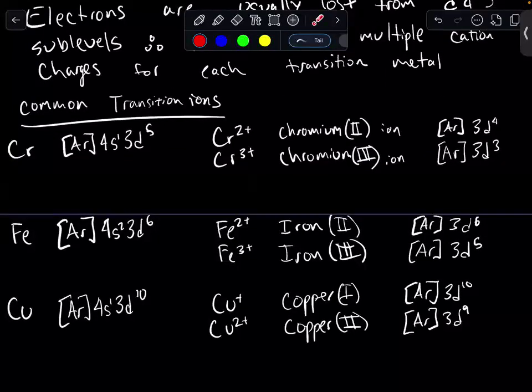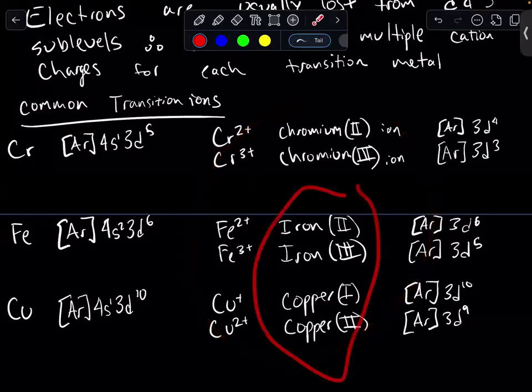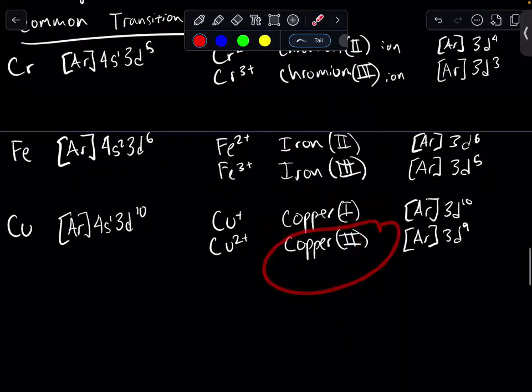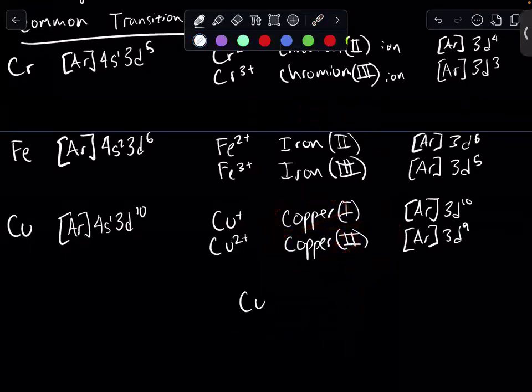A last little aside here with these. Sometimes when you're looking in a chemical storeroom, your bottle will not say copper(I) chloride or copper(II) chloride. It'll actually use the old names, which were cuprous or cupric, which is a little odd thing because copper would become cuprous or cupric.